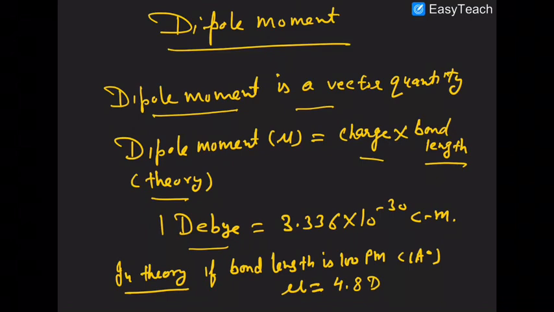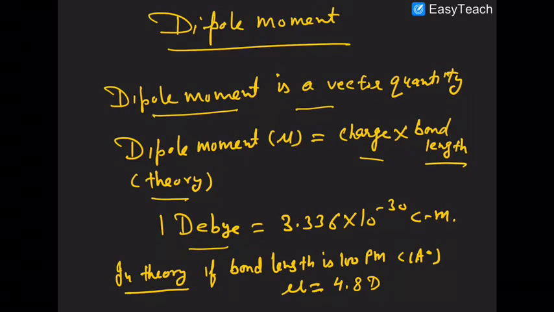So if we take a bond length of 100 picometer or 1 angstrom, then when you multiply it by the charge, the value comes out to be 4.8 D. So you can calculate the theoretical dipole moment of any molecule or any bond by taking a standard value of 100 picometer for 4.8 D. Why is it so?